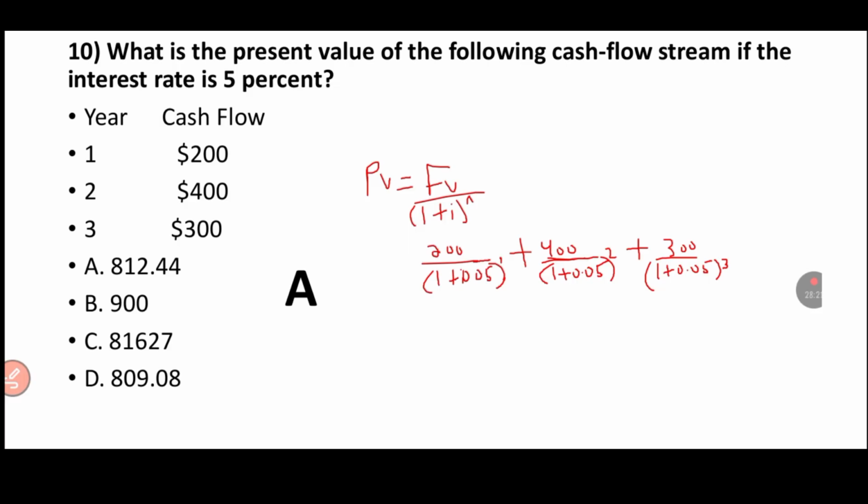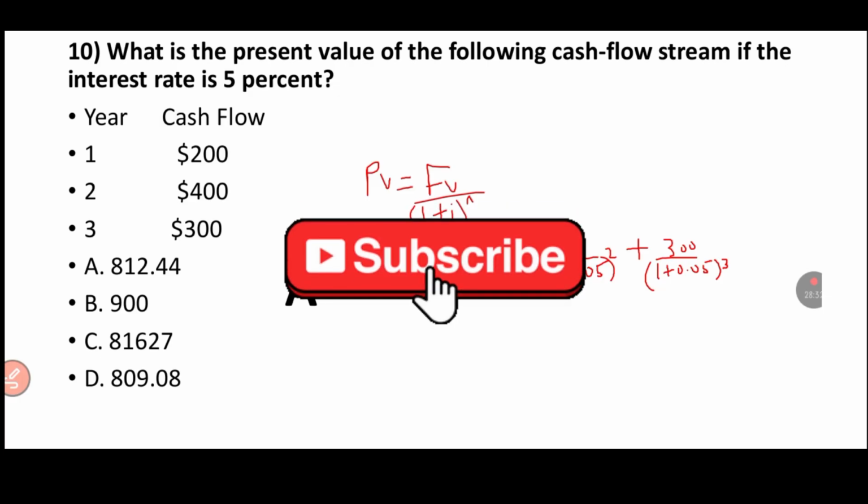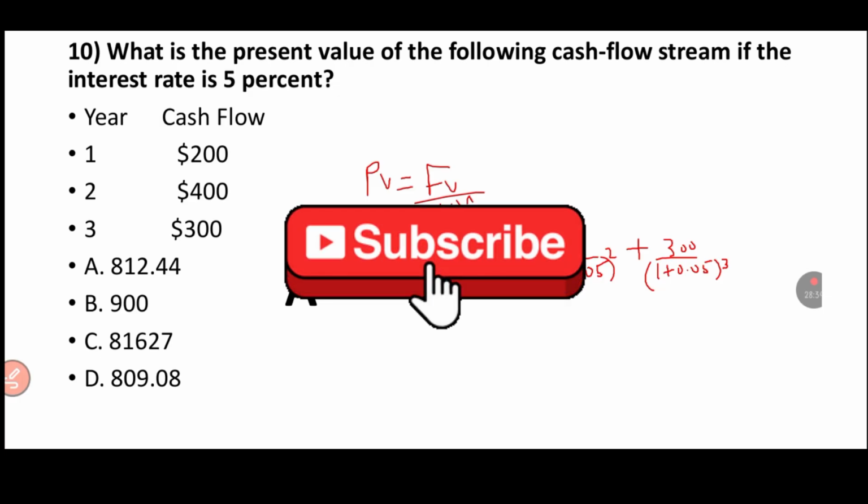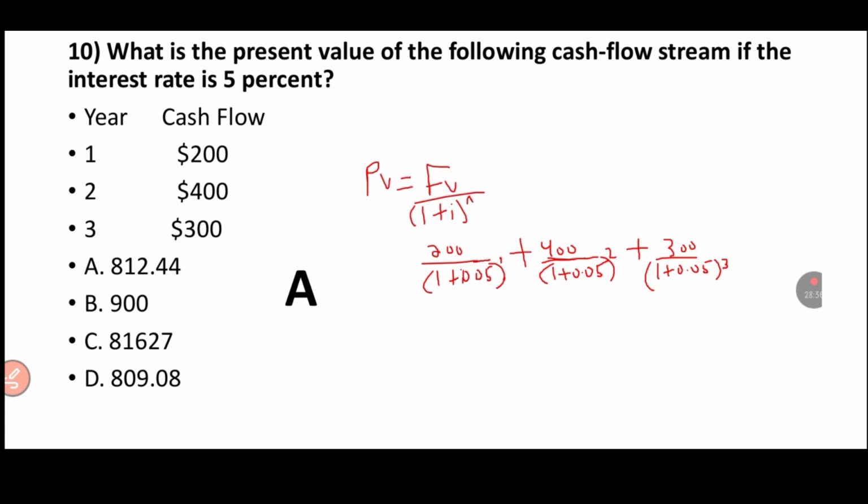The cash flow for the first year is $200, for the second year $400, and for the third year $300.